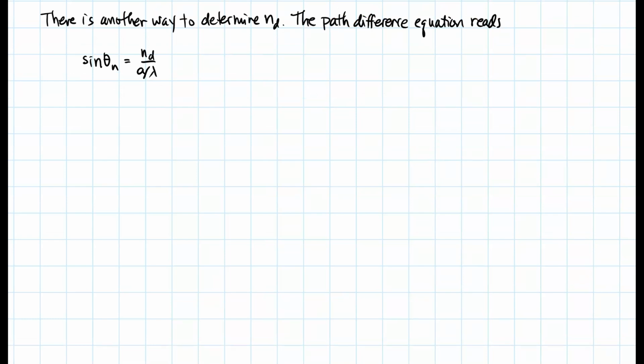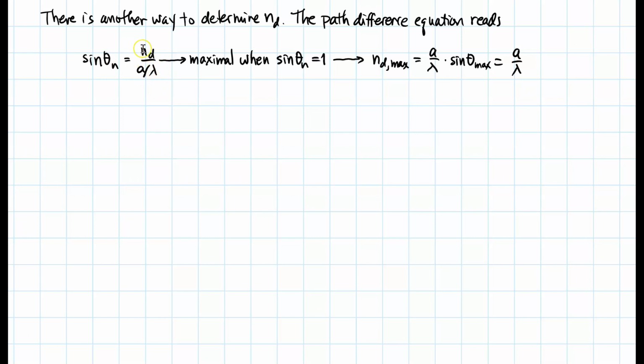There is another way to determine nd. The path difference equation reads that sine of theta is equal to nd divided by the diffraction parameter. If we want the maximum value of nd, then maximal means when sine of theta is equal to 1. So nd max is directly proportional to the diffraction parameter times sine theta max, which is 1, so therefore I get A over lambda.